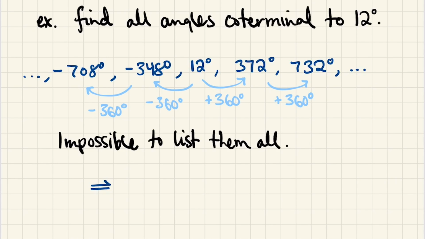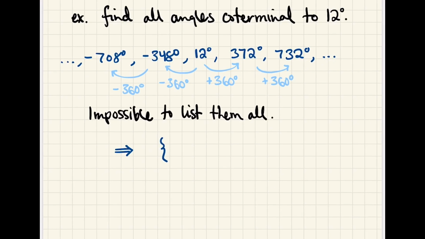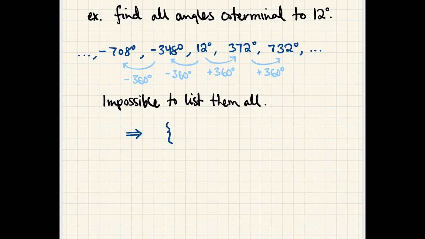So instead, what we say is we're talking about the set of numbers satisfying this condition: 12 degrees plus n times 360 degrees. Okay, and we stipulate that n is an integer.